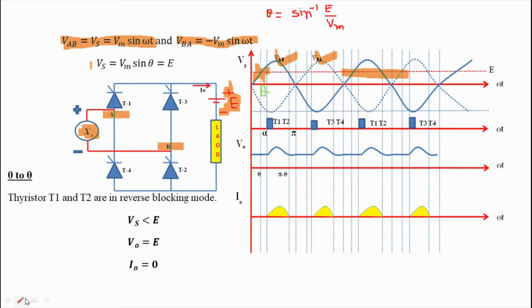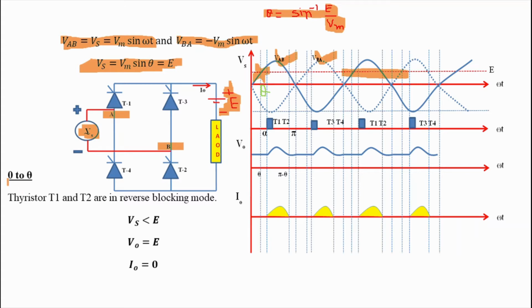At point theta the source voltage is equal to EMF E, so we can write Vm sin theta is equal to E. From this we can find the value of theta. So theta will be equal to sine inverse of E by Vm, where E is the EMF and Vm is the maximum value of the source voltage. Now we will see the operation of this rectifier circuit in four angular modes.